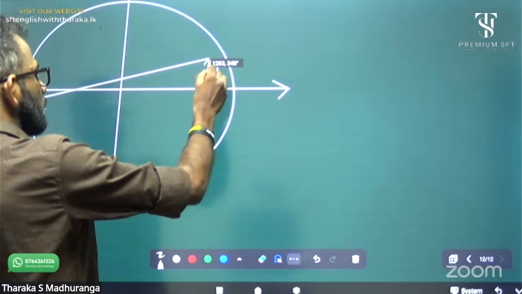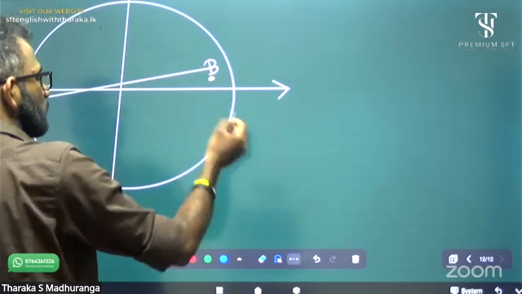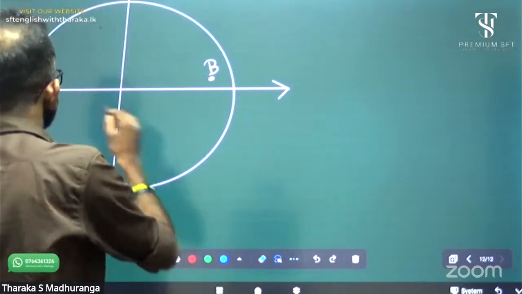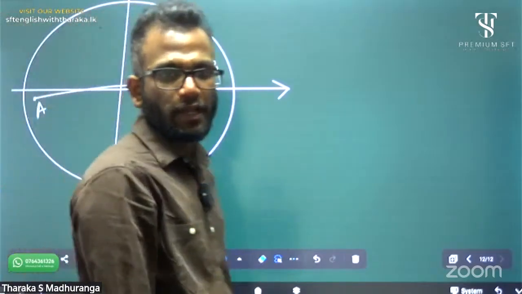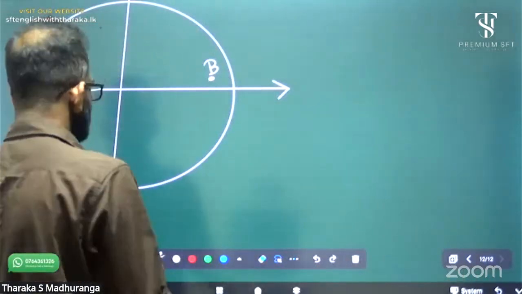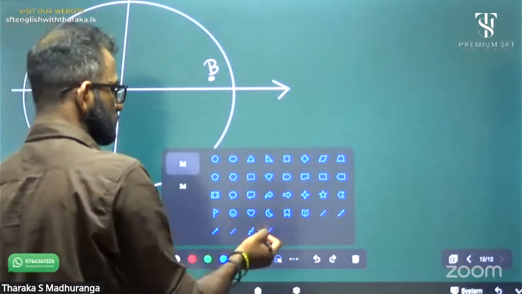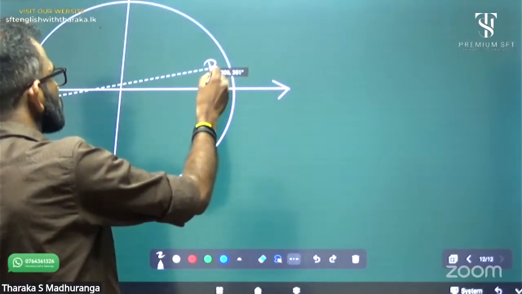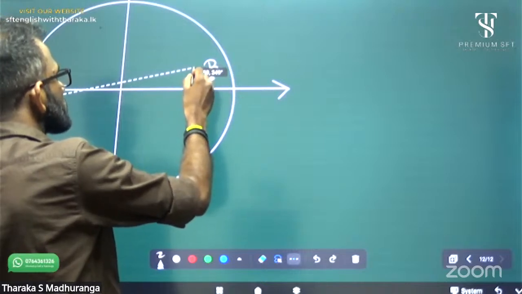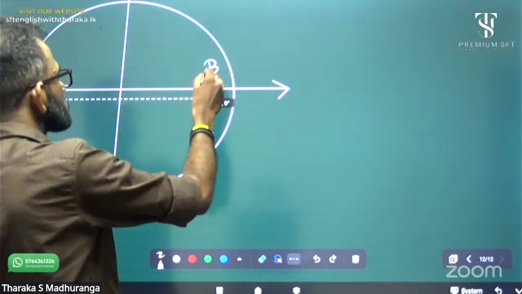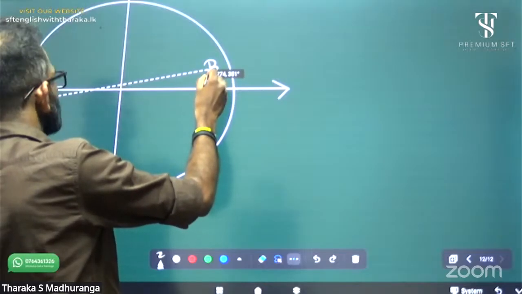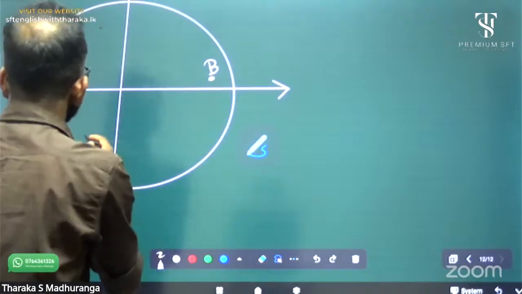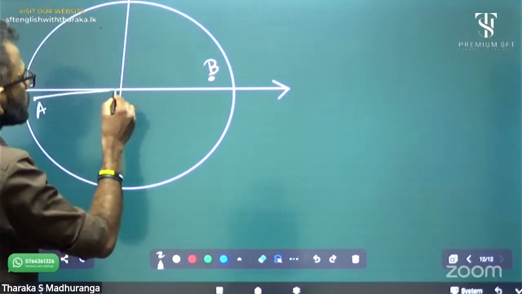We can't draw this in this shape. It is moving through the center point like this.